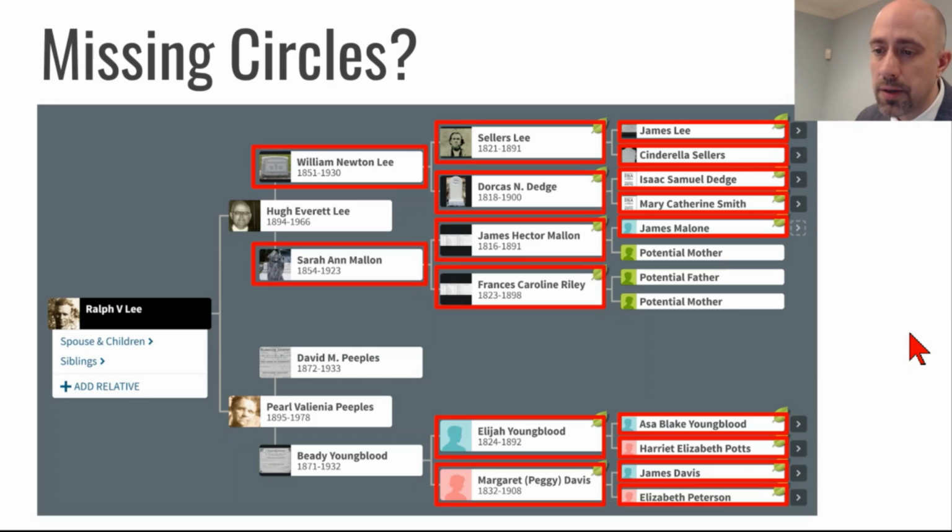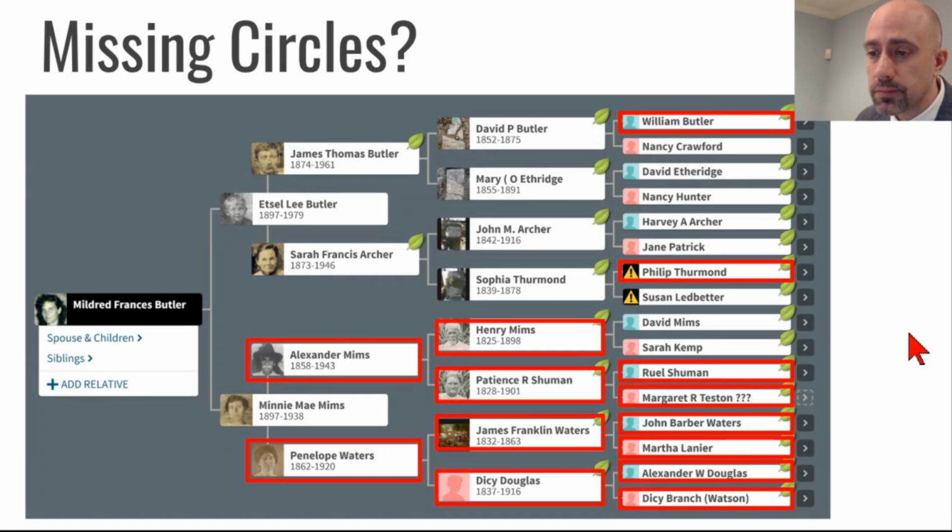So the lesson there is that if you go through the DNA circles that you have and you find where the missing circles are, you might want to get in contact with your matches to get on the same page with respect to the biographical information, and that might be helpful.